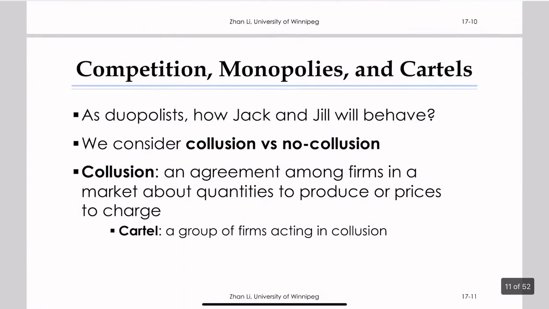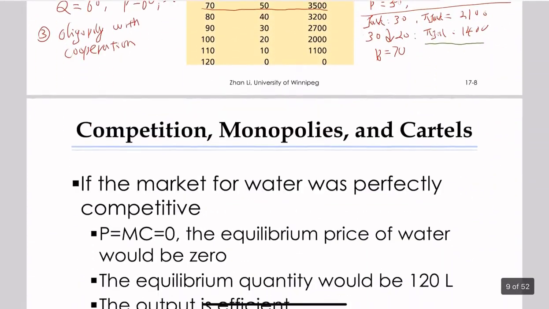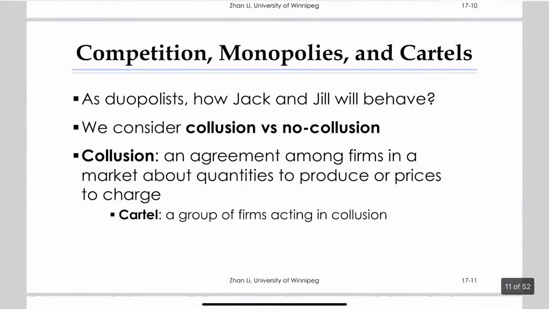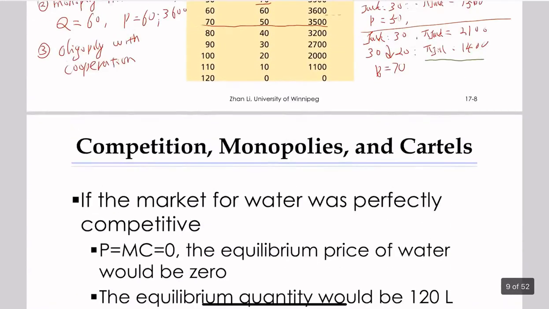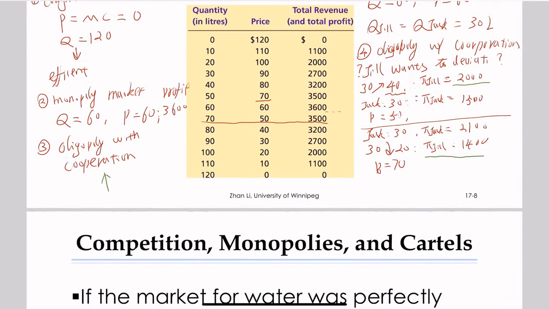So essentially we discussed two cases for this oligopoly. The third case is with collusion, and this case is without collusion.